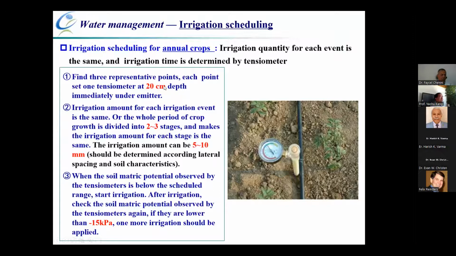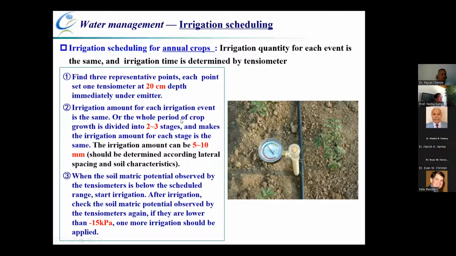Now we developed a very simple method. We just find 3 representative points in the field. At each point, set tensiometers at 10 centimeter and 20 centimeter depth immediately under the drip emitter. The irrigation amount for each irrigation event is the same.